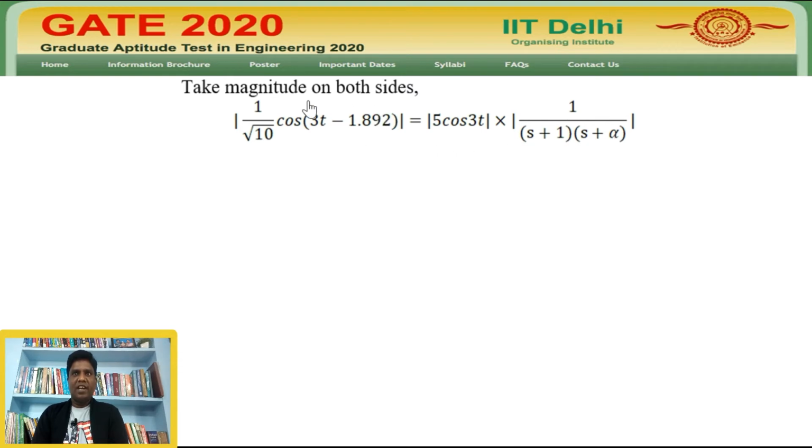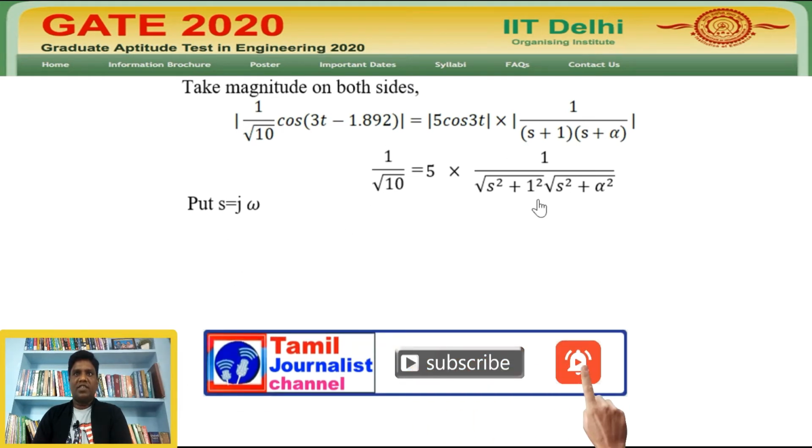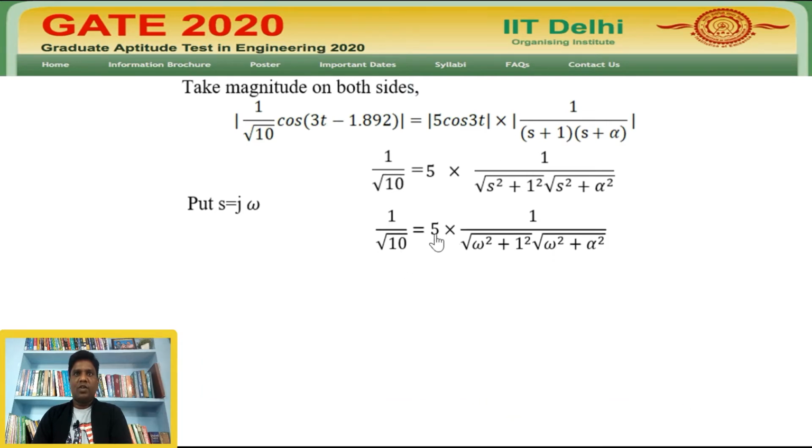Here the magnitude of the left hand side is 1 divided by root 10, the first term on the right hand side is 5, and the second term on the right hand side is 1 divided by root of (s square plus 1 square) into root of (s square plus alpha square). Next put s equal to j omega. After that the equation will be 1 divided by root 10 equal to 5 into 1 divided by the root of (omega square plus 1) into the root of (omega square plus alpha square).